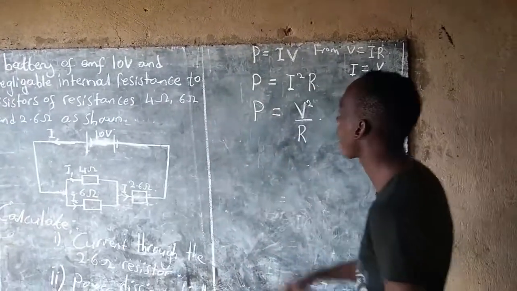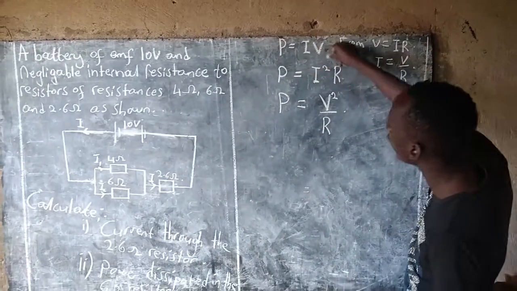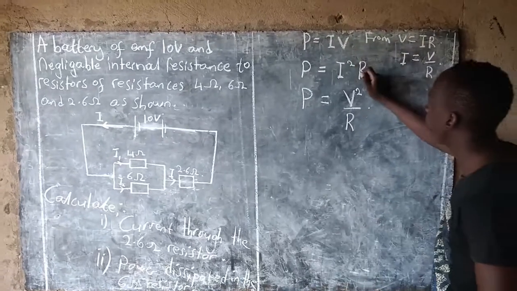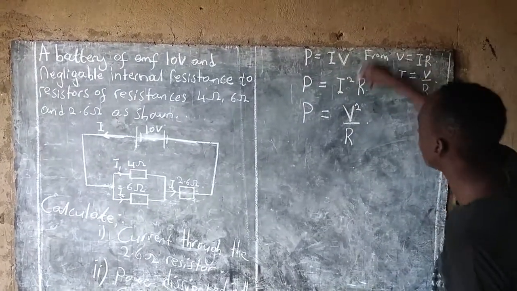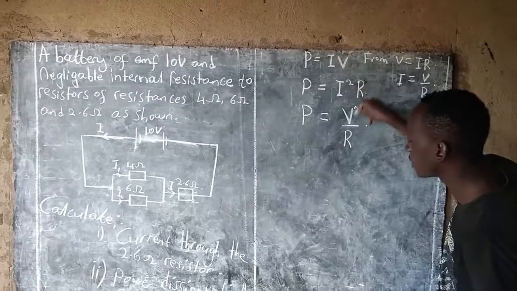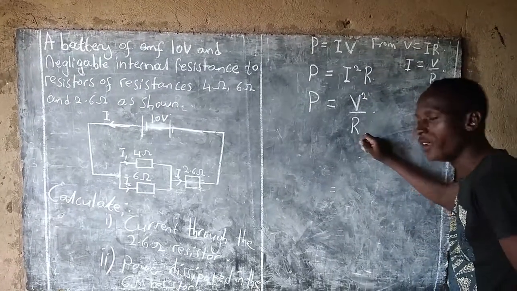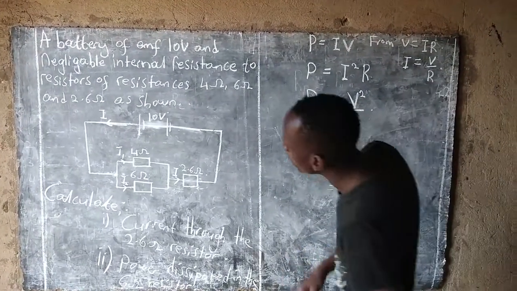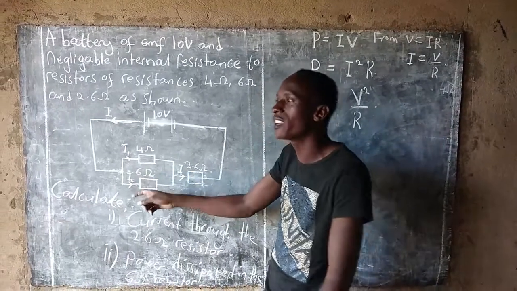Now, these formulae are very important when you're dealing with power. We have IV, we have I squared R, we have V squared over R. Now, they're asking for the power dissipated in the 6 ohm resistor.